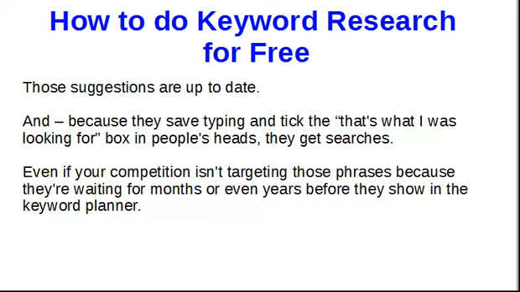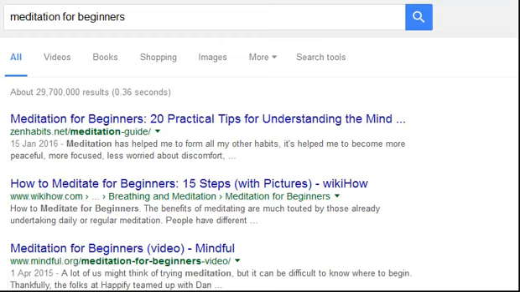And because they save typing and they tick the kind of "that's what I was looking for" box inside your head, they get searches. As I said, if you're looking for that, you'd probably be looking for what the funeral arrangements are, maybe some quotes, all that kind of thing. And even if your competition isn't targeting those phrases, that's their problem really, because chances are they're waiting for months or even years before they show up in the keyword planner.